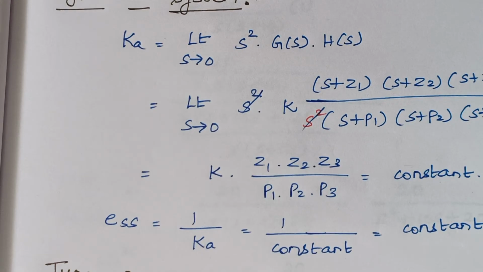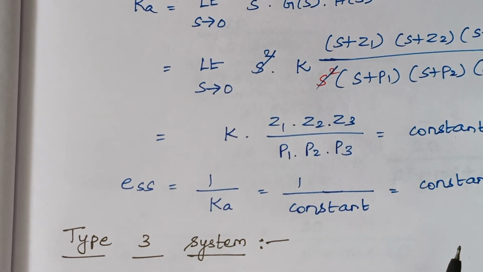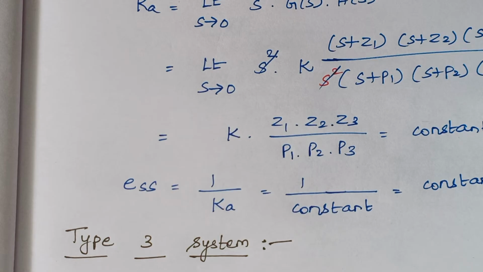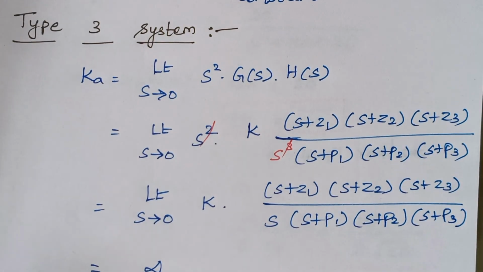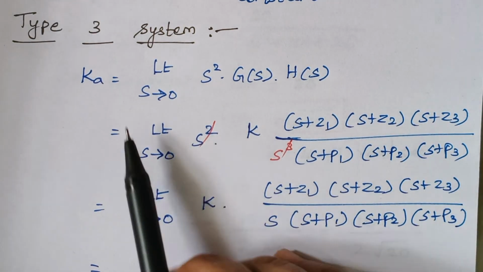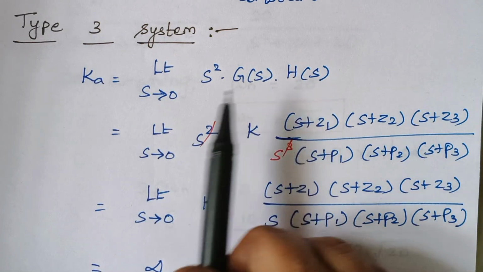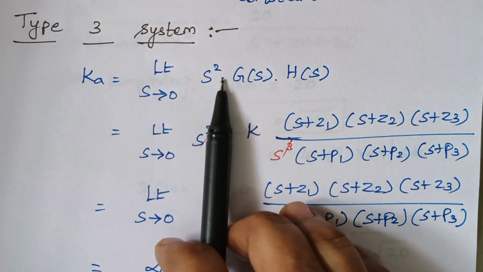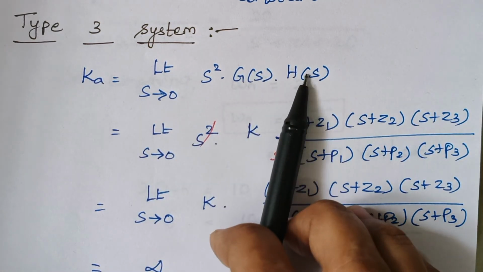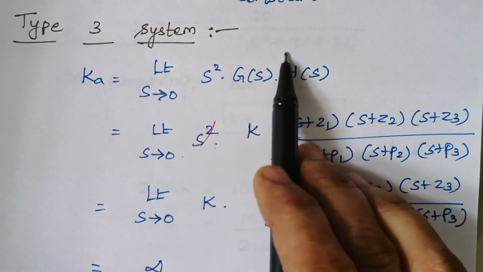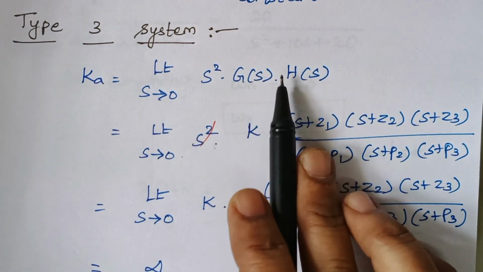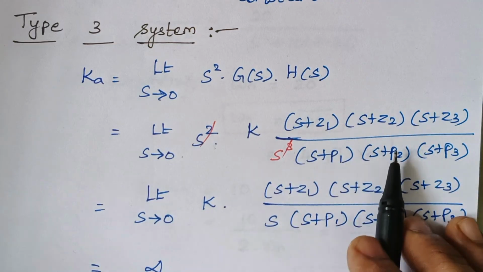Next we are moving to the type 3 system. It is given by this formula. Again, limit s tends to 0 of s square into G(s) into H(s). The general form of representing G(s) and H(s) is given by this expression.